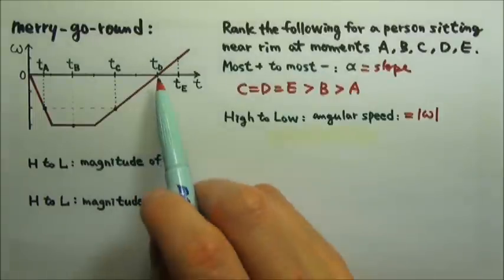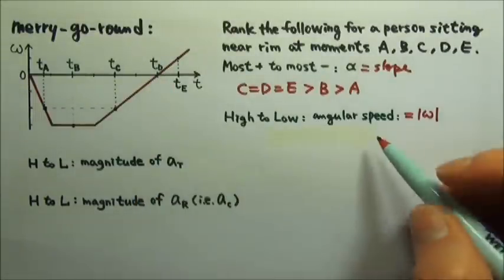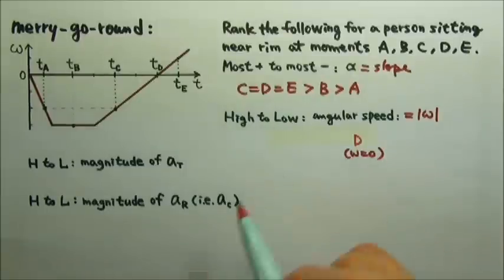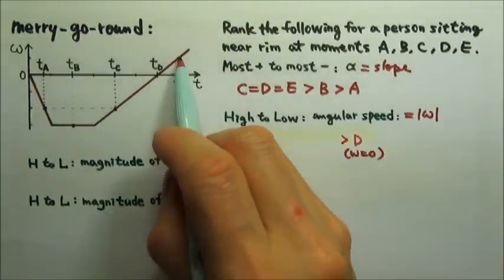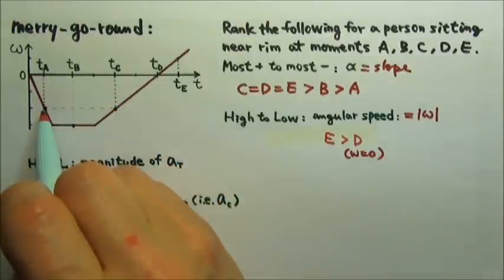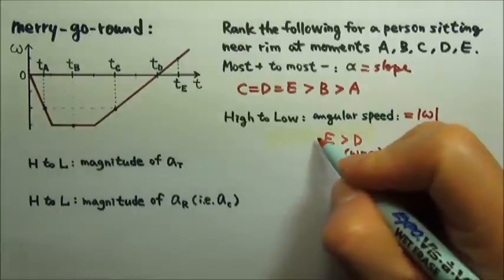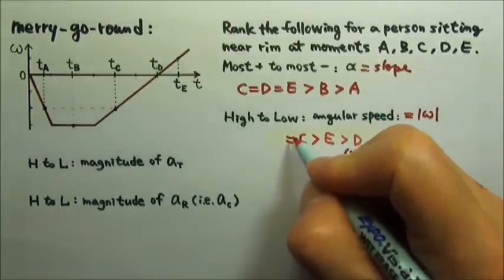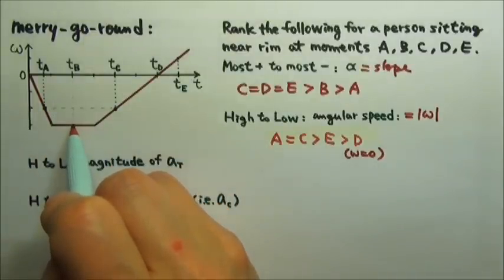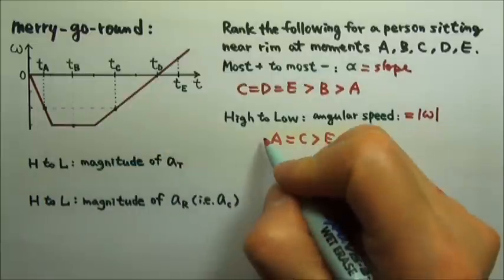The lowest angular speed happens at moment D when the angular speed is 0. The next one would be E. C and A have the same angular velocity and the same angular speed, of course. The highest angular speed is at moment B when the angular velocity is the most negative.